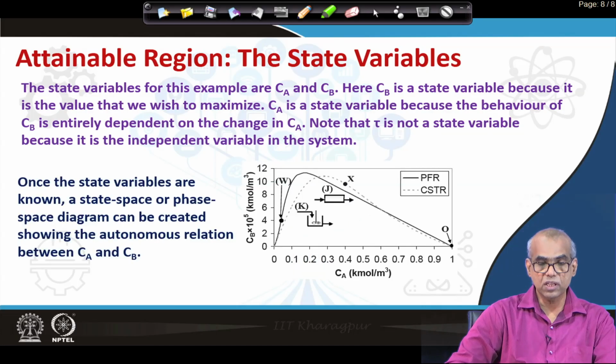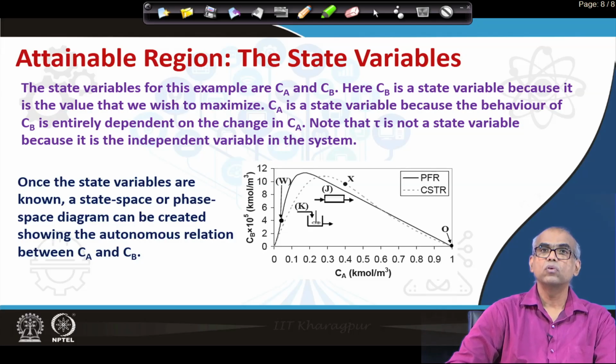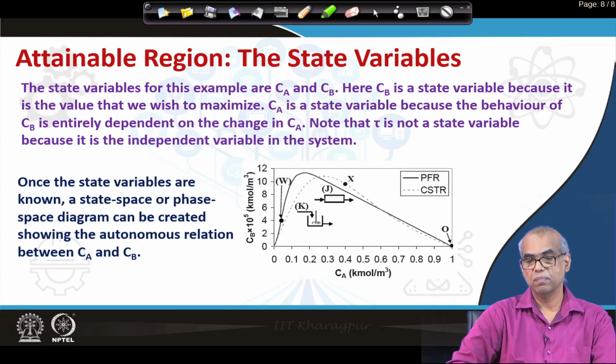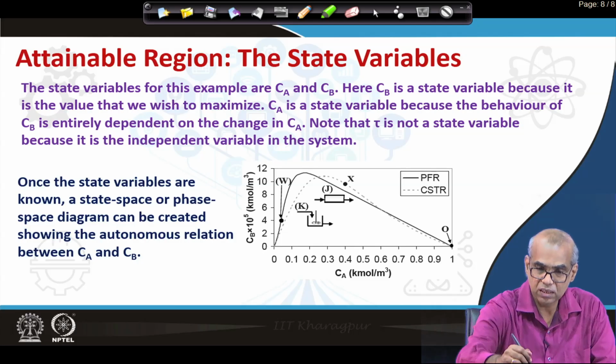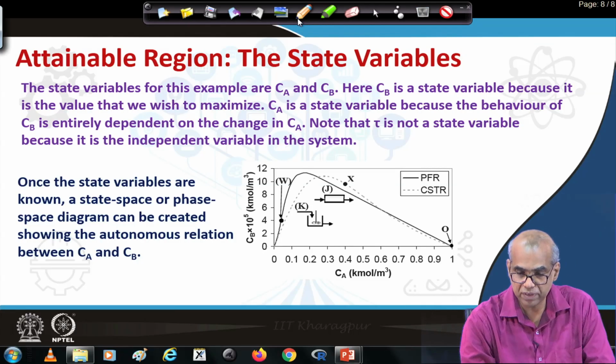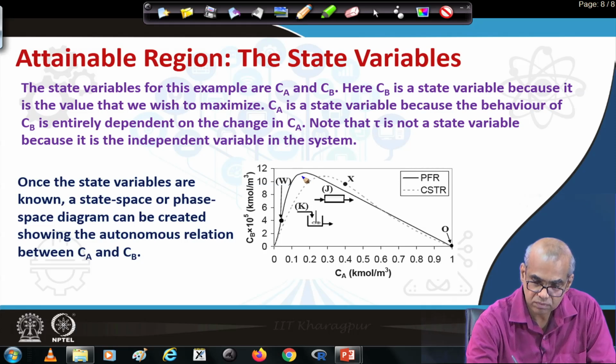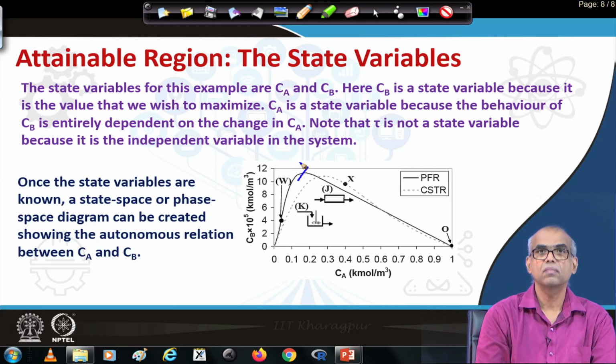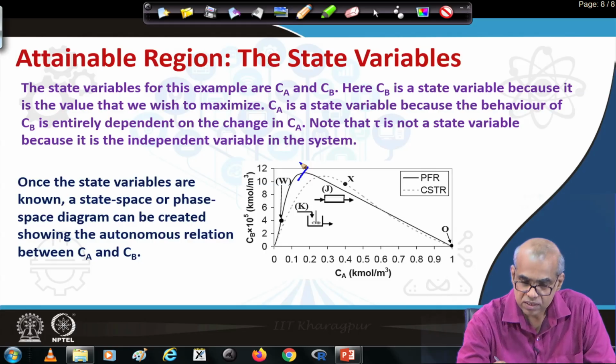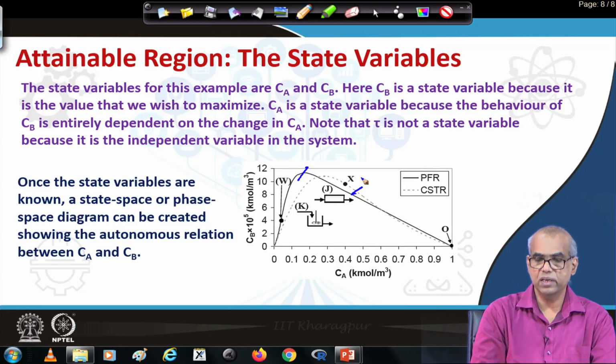So, once we have chosen the state variables, we can draw the phase plane diagram. That means the concentration space diagram, CA versus CB, and we have plotted the PFR trajectory and also the CSTR locus, which is shown as a dotted line.